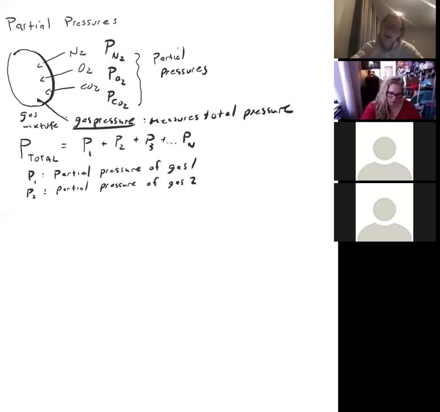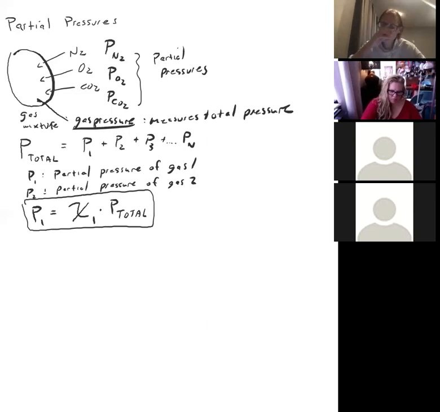Okay. Now, here's the other relationship that will be helpful for us. The partial pressure of a gas, I'll call it P1, is equal to the mole fraction of gas 1 times the total pressure. And that's very useful for us. Very simple, because we know how to calculate mole fractions.